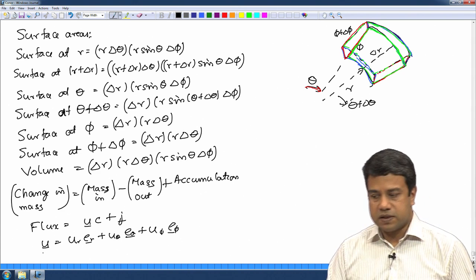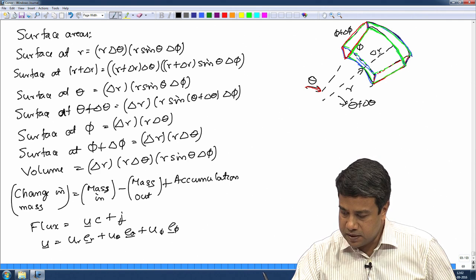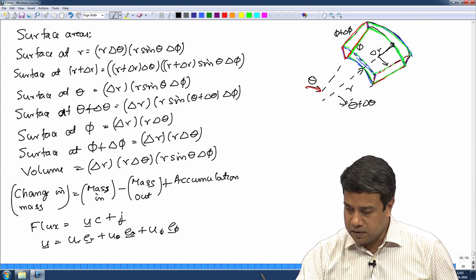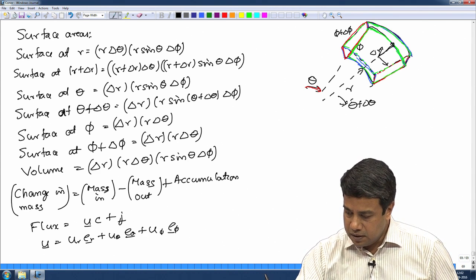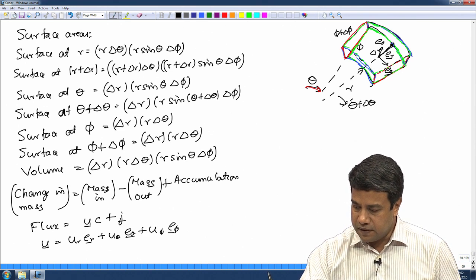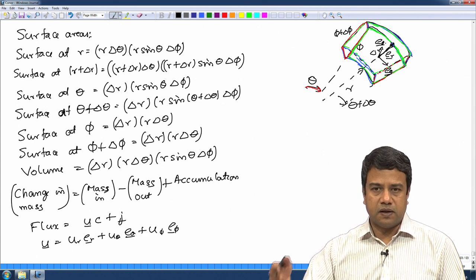The velocity is decomposed in terms of the components along the r direction. At the local location I can insert a coordinate system. The e r is along the direction of varying r, e theta is along the direction of varying theta, and e phi is along the direction of varying phi, perpendicular to the plane.